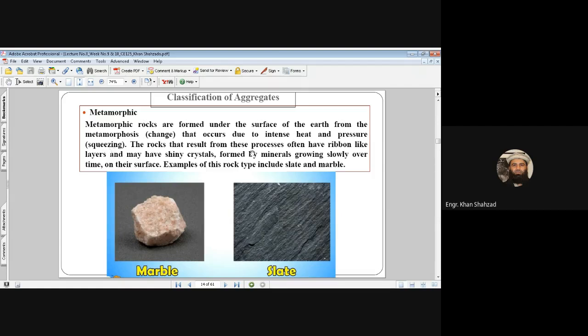The rocks that result from these processes often have ribbon-like layers and may have shiny crystals, as you can see in this one and also in this one, formed by minerals growing slowly over time on their surfaces. Examples of this rock type include slate and marble.